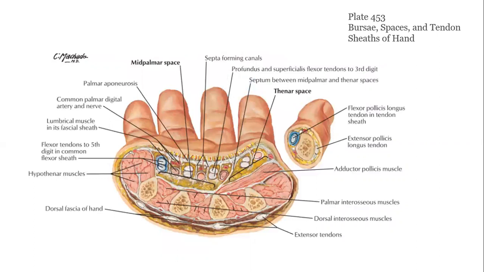Bursa spaces and tendon sheaths of the hand. So when they do a cut like this, because you can see this later on in other areas, they're trying to give you an idea of what the 3-dimensional mapping of the hand is like. So again, here's your hypothenar eminence. Remember that's those 3 muscles for your little finger.